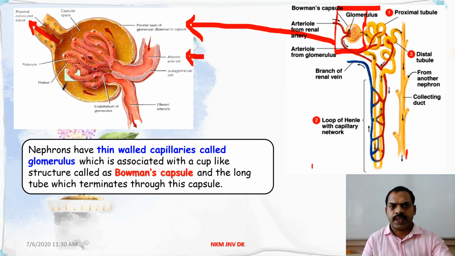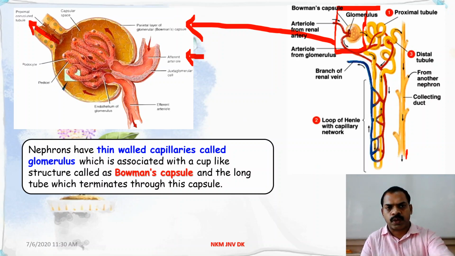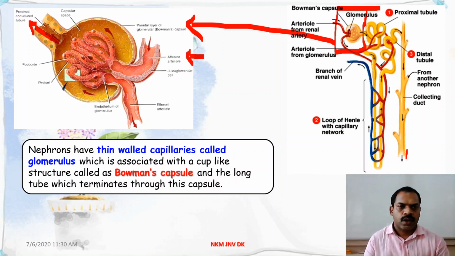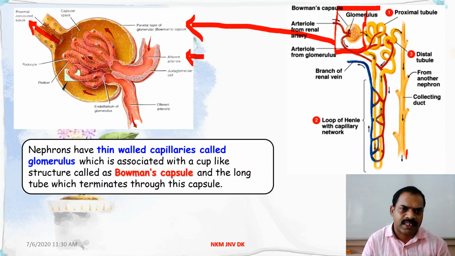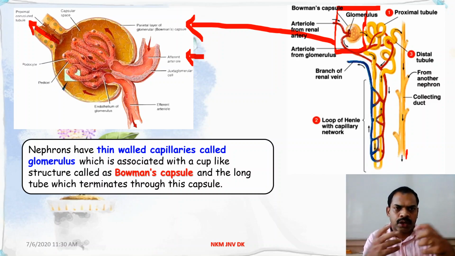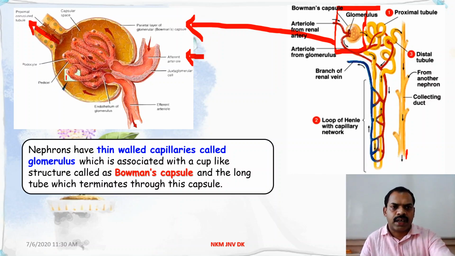How does the filtration take place? When the blood is coming here and passing through these tubes with high pressure, through pressure it goes into smaller capillaries. Already we have told you capillaries have small openings. So the liquid content, waste materials, nutrients, etc. will be filtered here. Almost everything will be filtered except the bigger proteins and RBC.